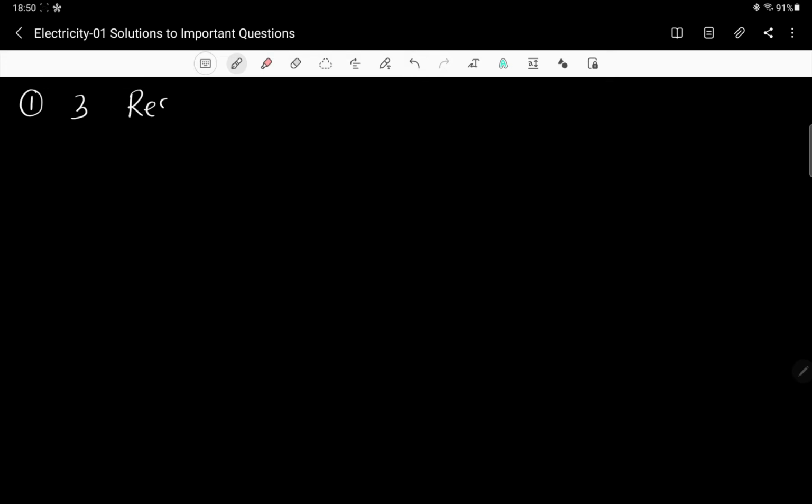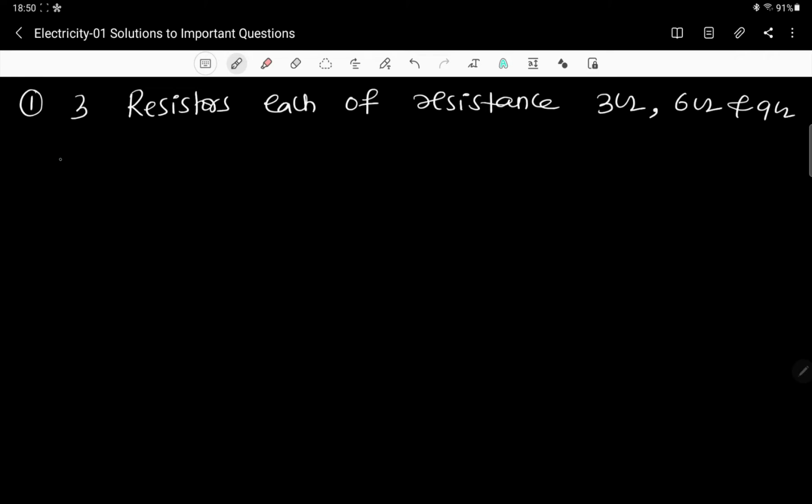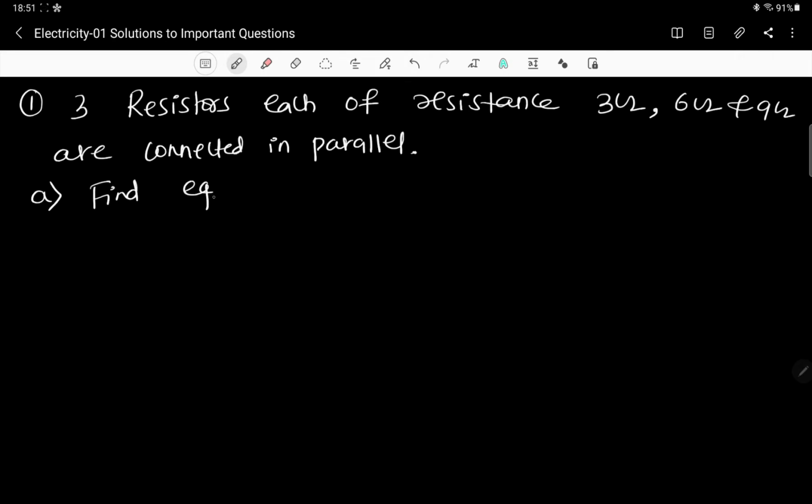The first question is like this: three resistors, each of resistance 3 ohm, 6 ohm, and 9 ohm, are connected in parallel. Question A: find the equivalent resistance.